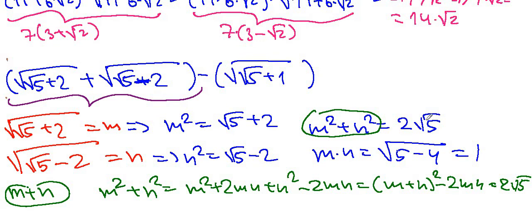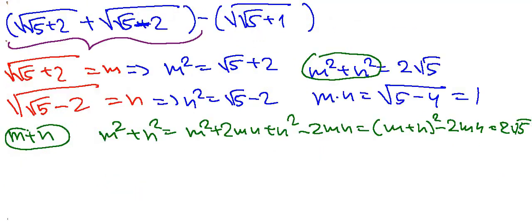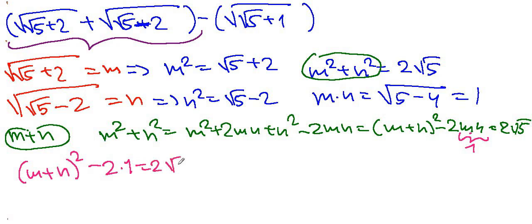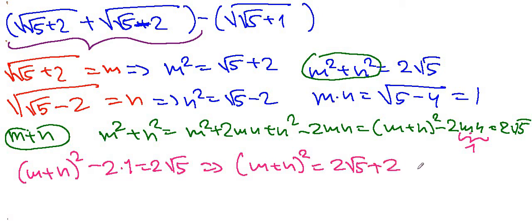So our expression will look like this: (m plus n) squared minus 2 times mn, and since m times n is equal to 1, therefore 2 times 1 is 2, equal to 2 times square root of 5, and from here you will get (m plus n) squared is equal to 2 times square root of 5 plus 2, right? Or if you factor out 2, then square root of 5 plus 1.